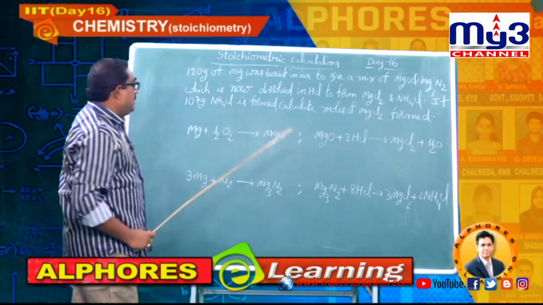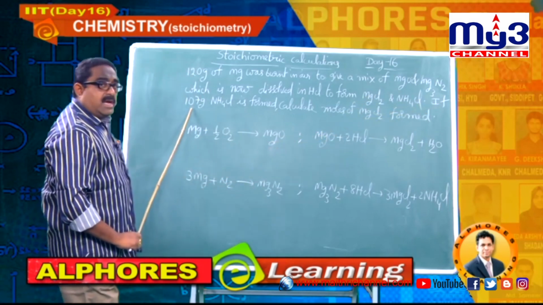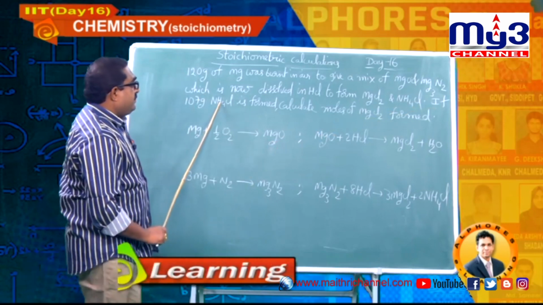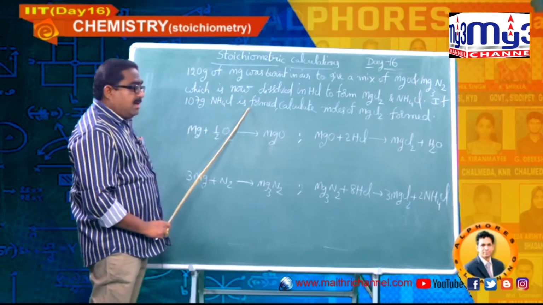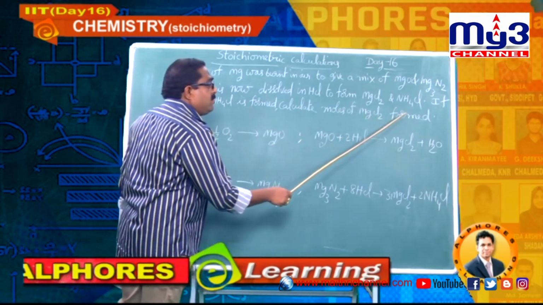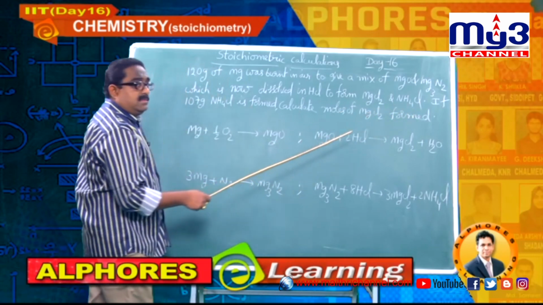If 107 grams of ammonium chloride NH4Cl is formed, calculate the moles of magnesium chloride formed.